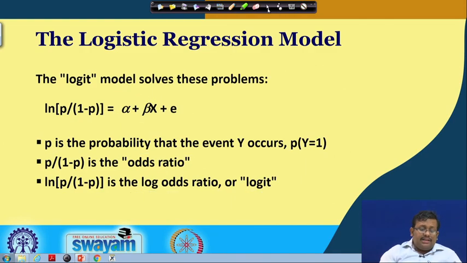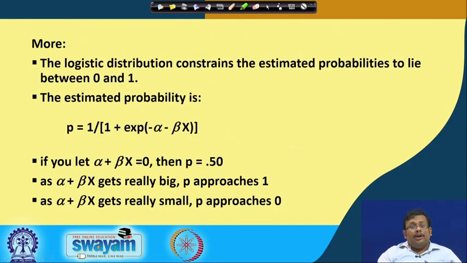This is called the logistic regression model. Now, logistic regression constrains the estimated probability to lie between 0 and 1. This is the solution, because in the case of ordinary least squares, the probability goes beyond 0 to 1. So, to cap it within 0 to 1, we need to apply logistic regression.